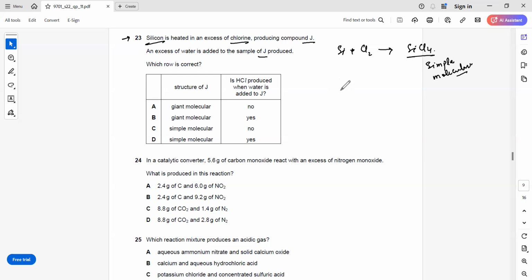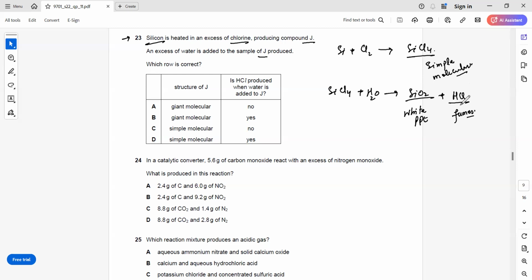They are saying an excess of water is added to the sample of J. So we discussed in period 3 elements, their chlorides, silicon tetrachloride, when it reacts with water, it gives us SiO2, a white precipitate, a solid. And along with this, we get HCl gas, fumes of HCl gas.